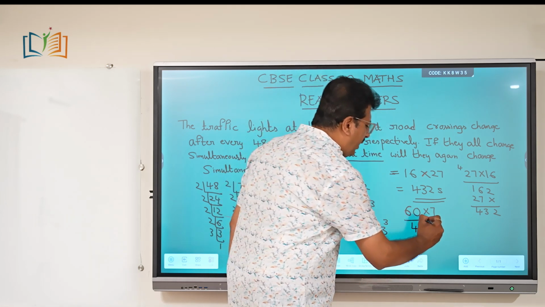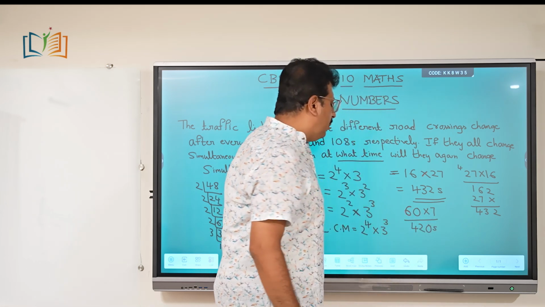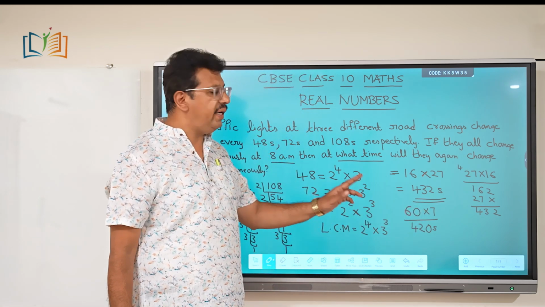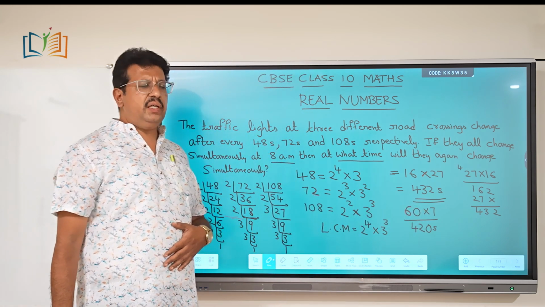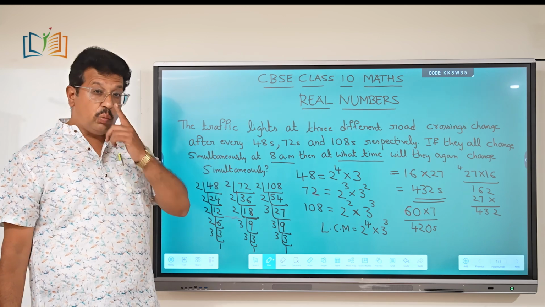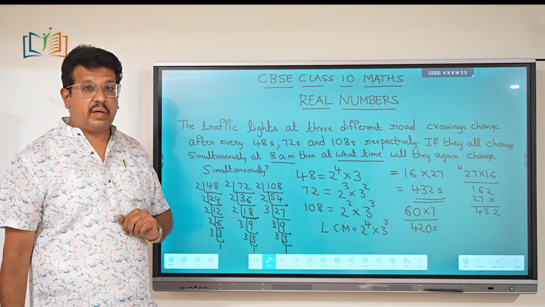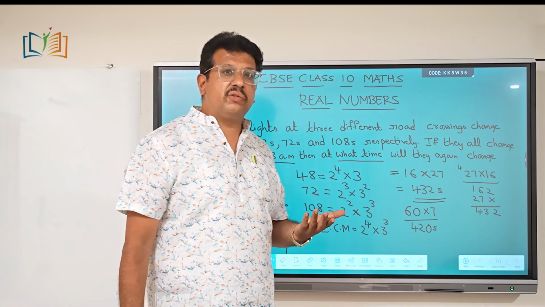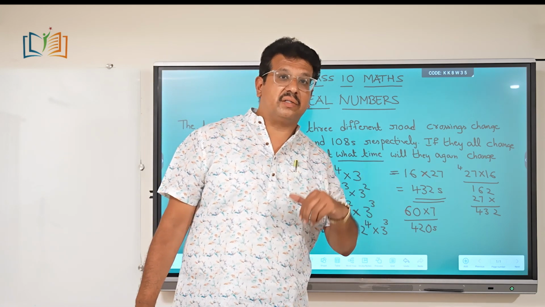Why have I taken 60? You can come to know: 60 into 7 is 420 seconds. So 7 is what? What number are you going to try to take? Just think over it. 7 minutes or 7 hours.